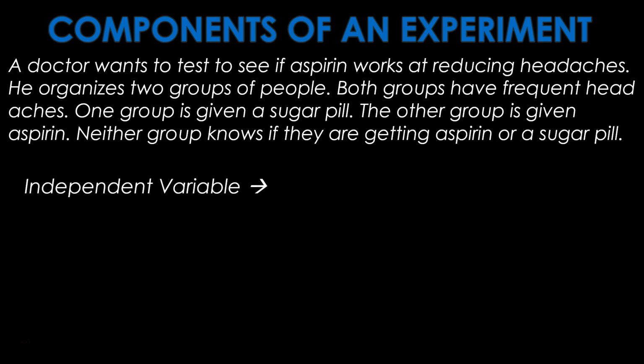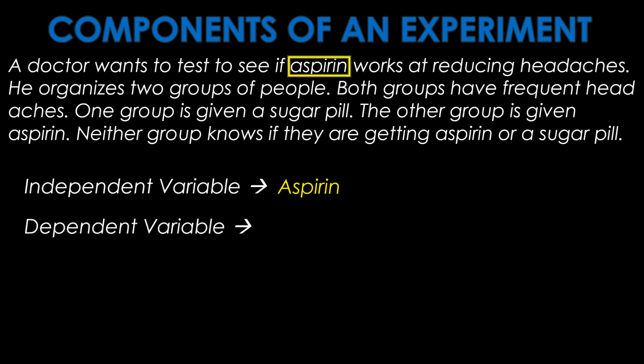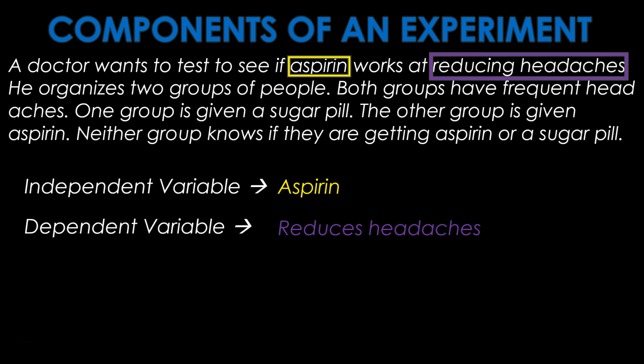The independent variable. What is this doctor experimenting with? Well, they're experimenting with aspirin. That's the independent variable. The dependent variable. What is this doctor trying to observe or measure as the outcome? Well, they're trying to see, does aspirin reduce headaches?